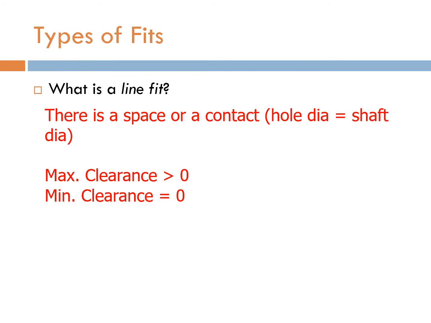Here we have a greater than 0 or equal to 0 condition. These are important because in the later part of this video, we're going to show you an example. You have to use a table and identify what kind of fit we are using.